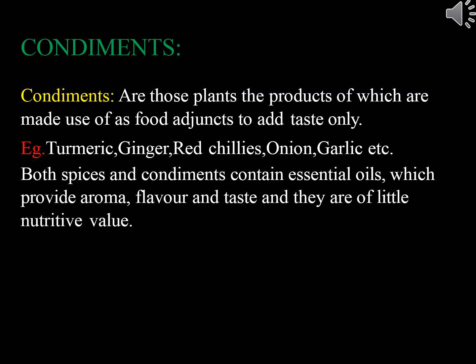Condiments are those plants, the products of which are used as food adjuncts to add taste only. Examples: turmeric, ginger, red chilies, onion, garlic. Both spices and condiments contain essential oils, which provide aroma, flavor, and taste, and they are of little nutritive value.